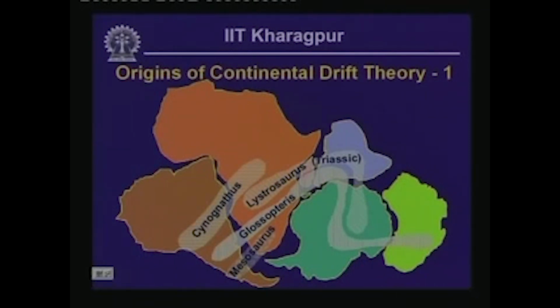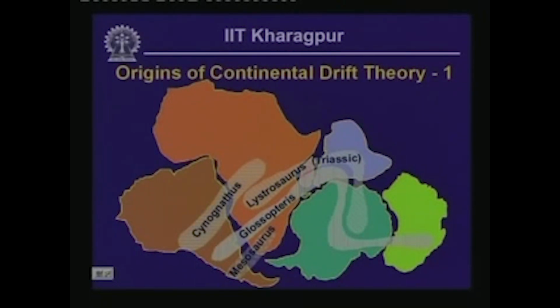Glossopteris is a plant species that was found across many parts of southern South America, the southern part of Africa, the southern part of India, the central part of Antarctica, and the eastern part of present day Australia.